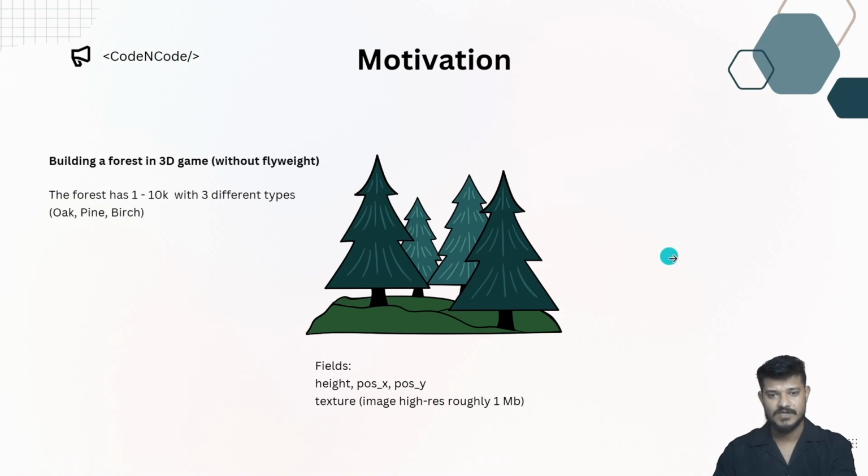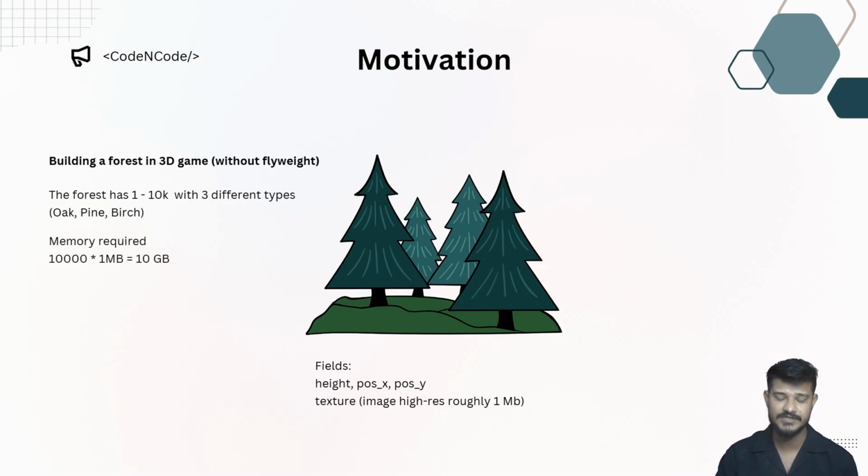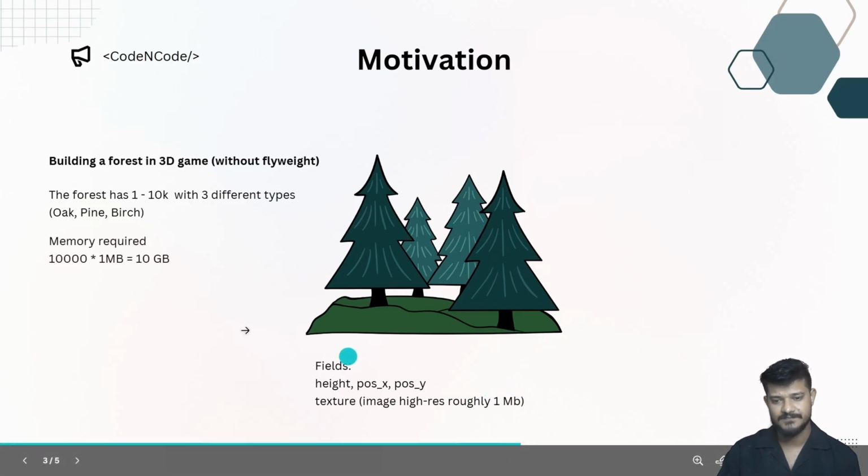Now if you want to build, let's say, a forest with 10,000 of these different trees, and let's say there are different types of trees like oak, pine, birch, how much memory will you need?